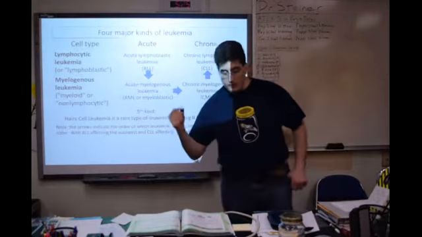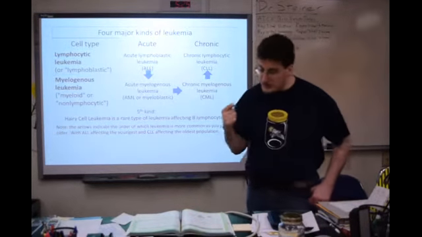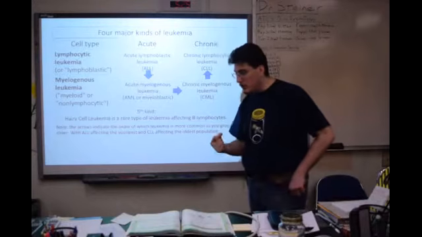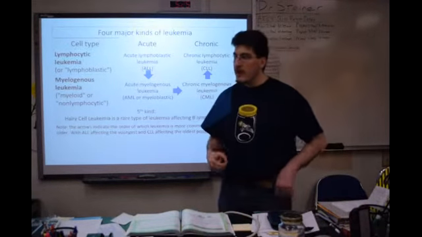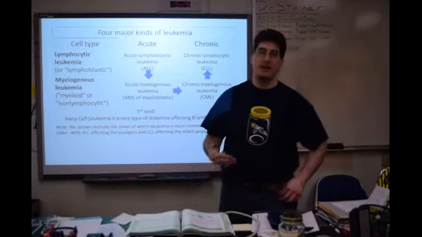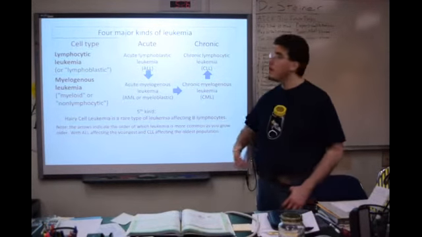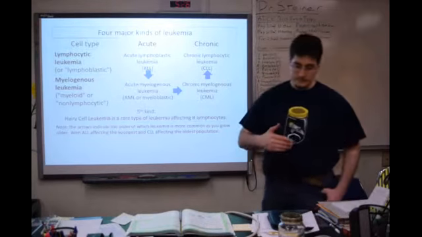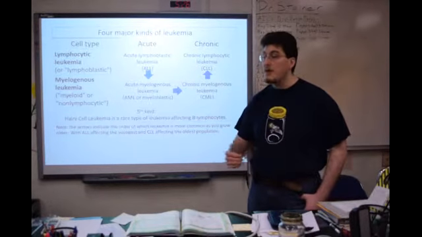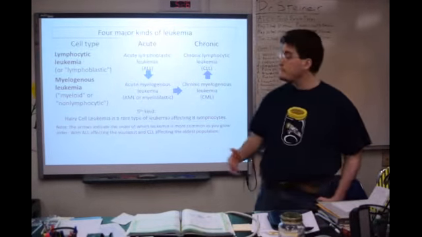If you recall from our discussion of diseases as a general rule, acute diseases progress rapidly and happen over a short period of time, whereas chronic diseases happen over a long period of time and progress rather slowly.